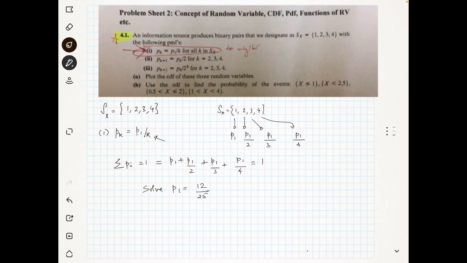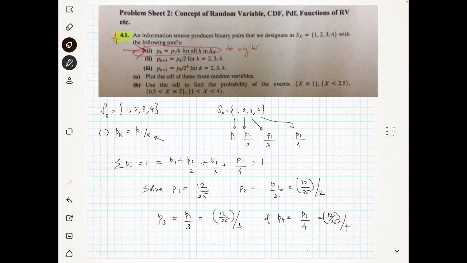Then you can find p2 as p1 by 2, which is 12 over 25 divided by 2. Similarly, p3 is p1 by 3, which is 12 over 25 divided by 3, and p4 is p1 by 4, which is 12 by 25 divided by 4. This is how to find all the probabilities.